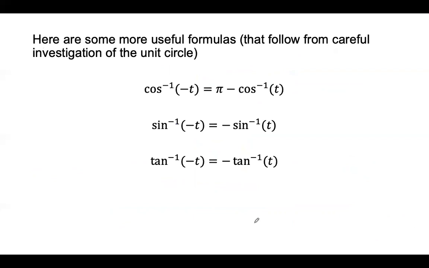So here's some more formulas that I'm not sure are the most useful formulas or not. Essentially, it says that if we take negative t and take cos inverse of this, it is equal to pi minus cos inverse of t. Negative t, and we take sine inverse of that, is equal to negative sine inverse of t.